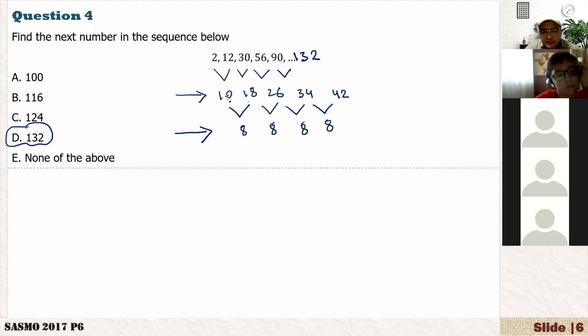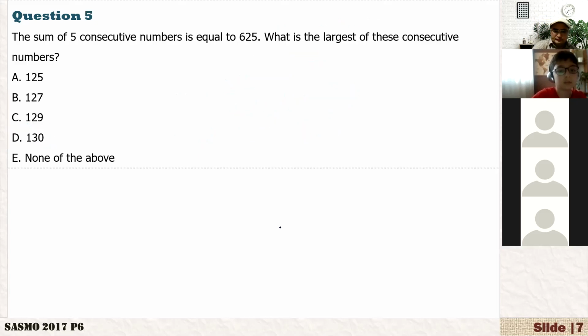To get the next number, if you add 34 to 8, we get 42. So to get the next term, we add 42 to 90, which is equal to 132. Very good.